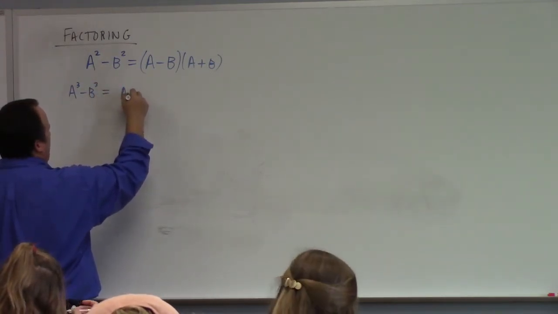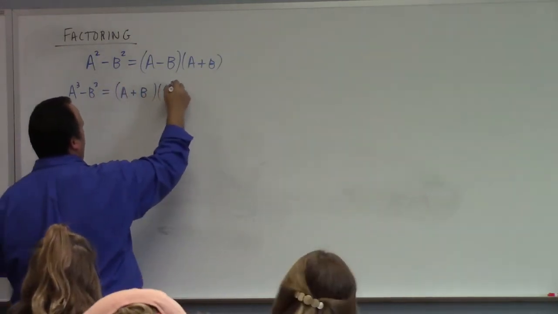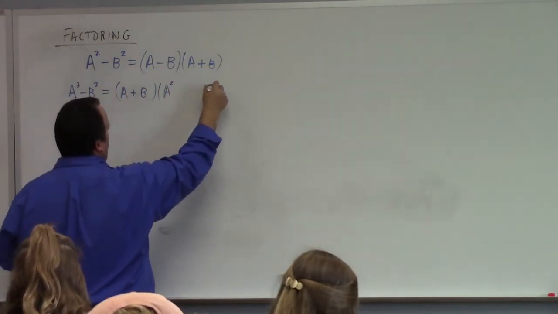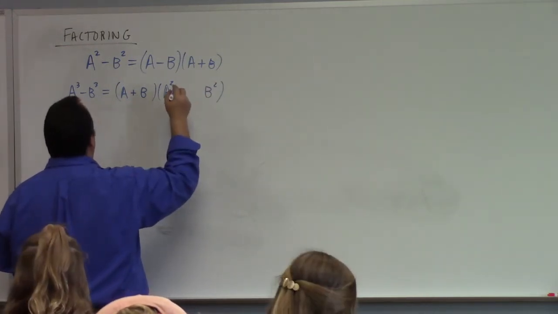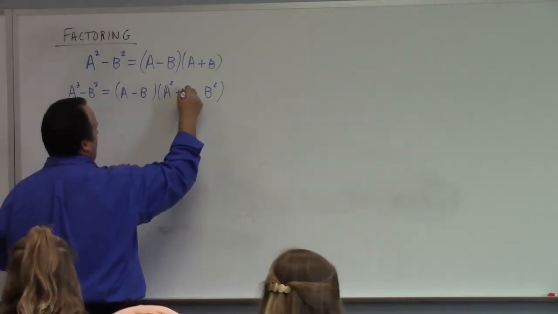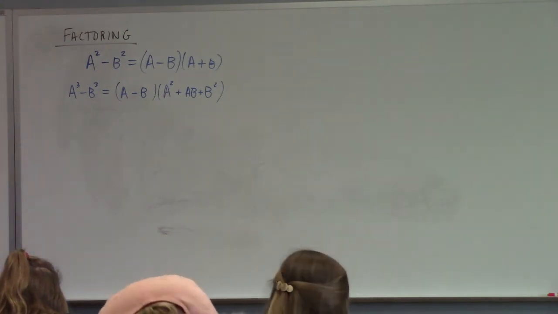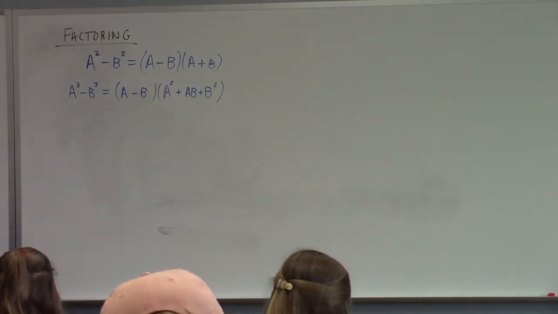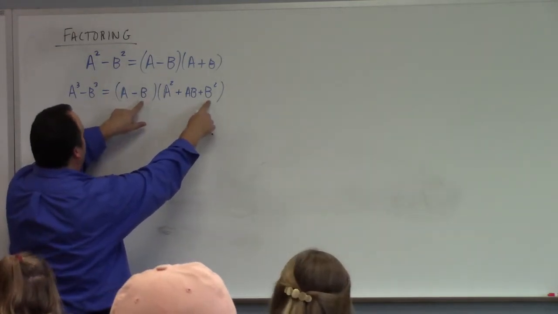Let's see here. I think it's a plus b. No, it's a minus b. Let's see if that's right. So if I multiply this out, I get a cubed, I get the minus b cubed, great.